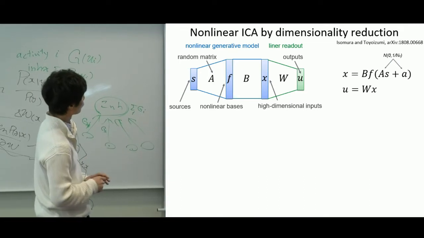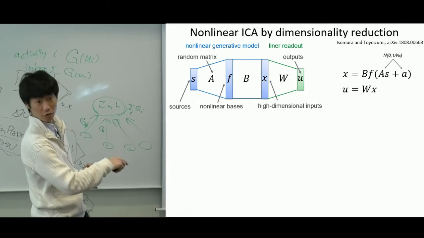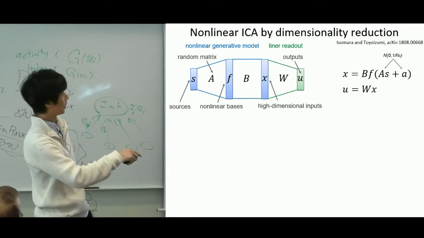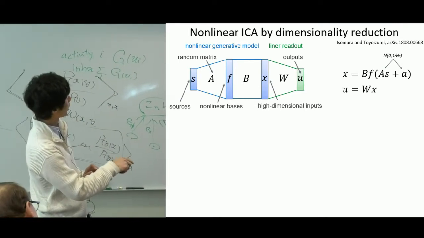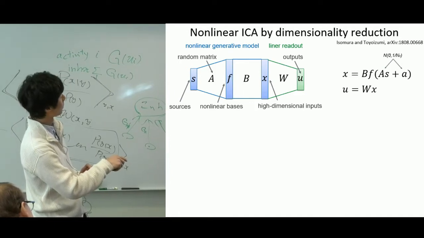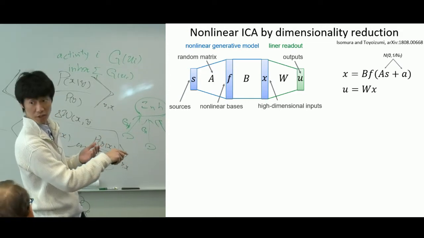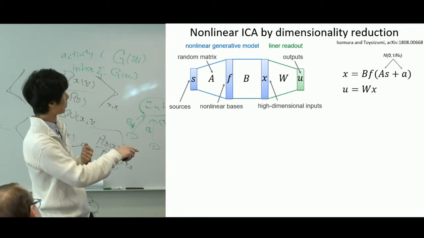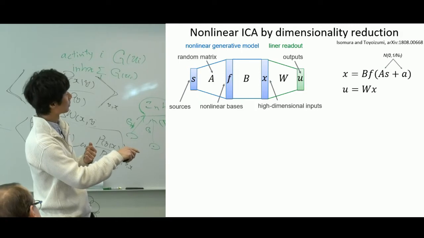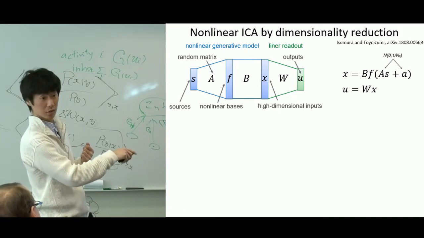So let's assume the system is like this. This blue part is the generative model, suppose this is the environment, and the green part is the neural network. In the blue part, you have independent sources, and those are projected into high dimensional space by matrix A. F is some nonlinear function, and this nonlinear function is summed by matrix B, and that is the sensory input to the neural network.